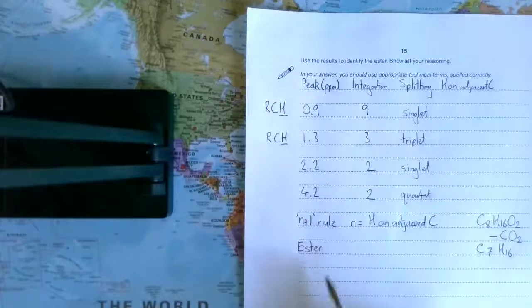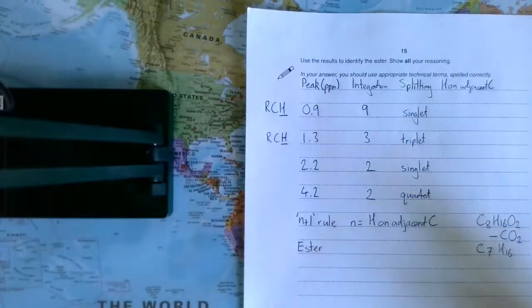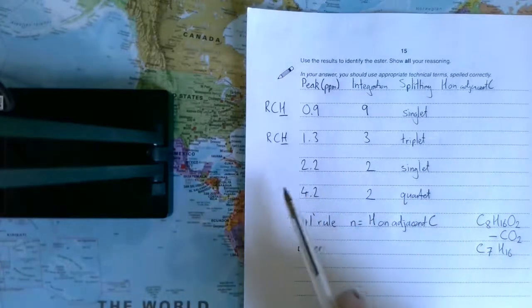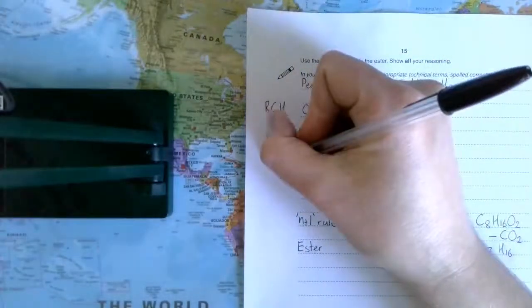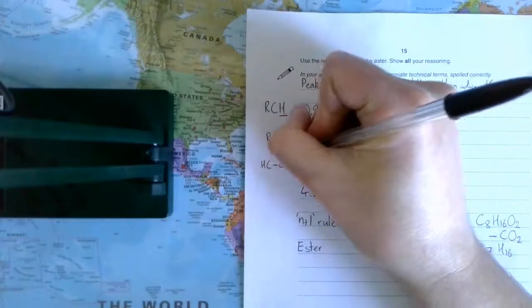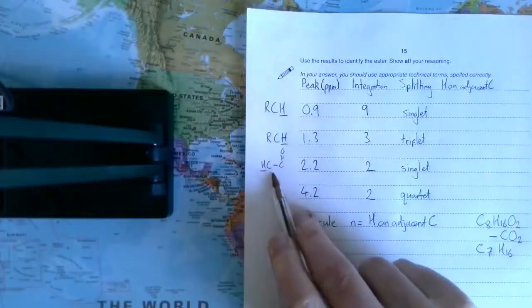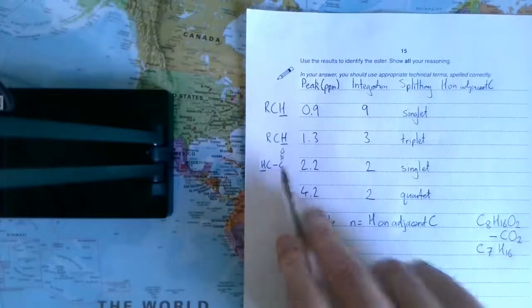2.2 and 4.2, you have environments where some electrons are being removed. They've been de-shielded. Now, it's an ester. It's not got enough carbons for it to be an aromatic system. There's no nitrogen, so we can say with confidence that this environment here is the hydrogens that are bonded to a carbon that is itself bonded to a carbonyl.